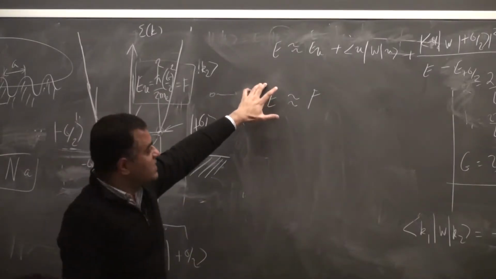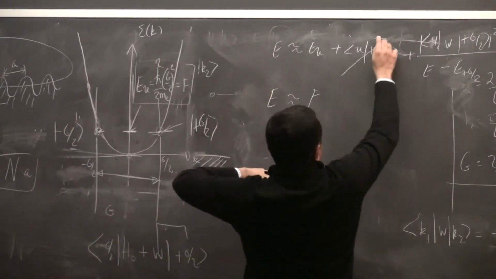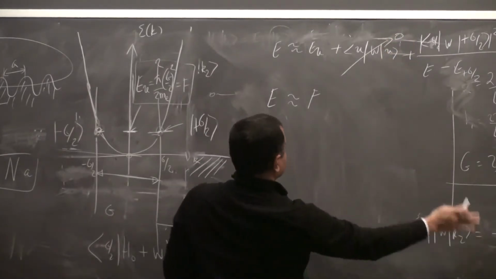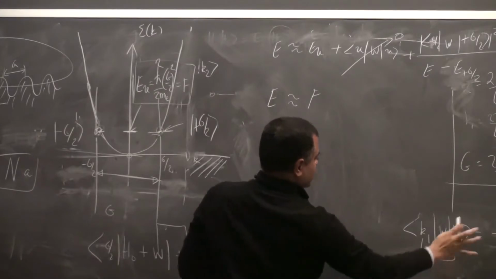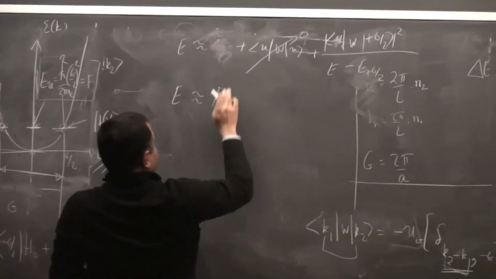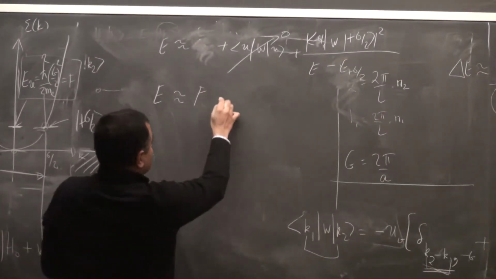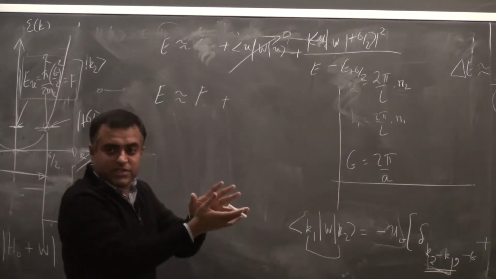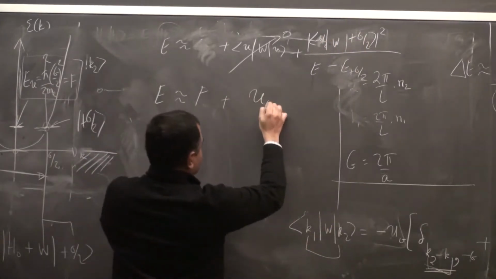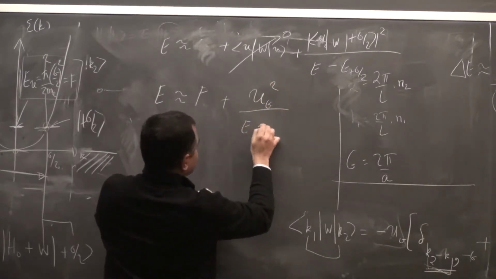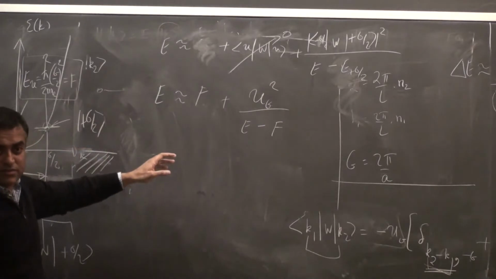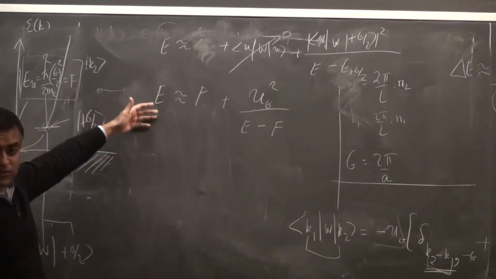Okay. Right, and then it turns out that happens to be exactly 0, because we found that if these 2 are the same, we get a 0, and this happens to be exactly f, right? And that thing happens to be just exactly UG, which is the strength of the perturbation, right? So you get UG squared over E minus, and that is just F, right? So now you have to solve this thing. This is your analytical form.